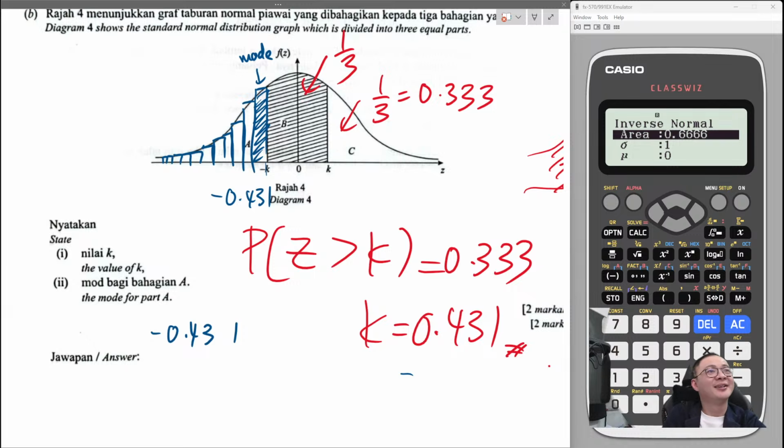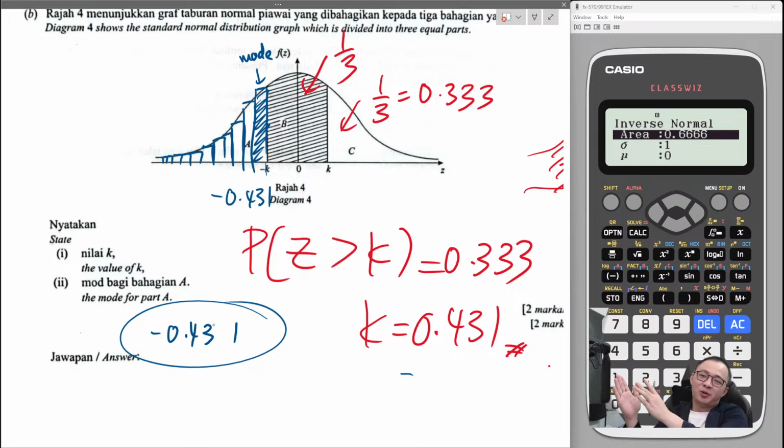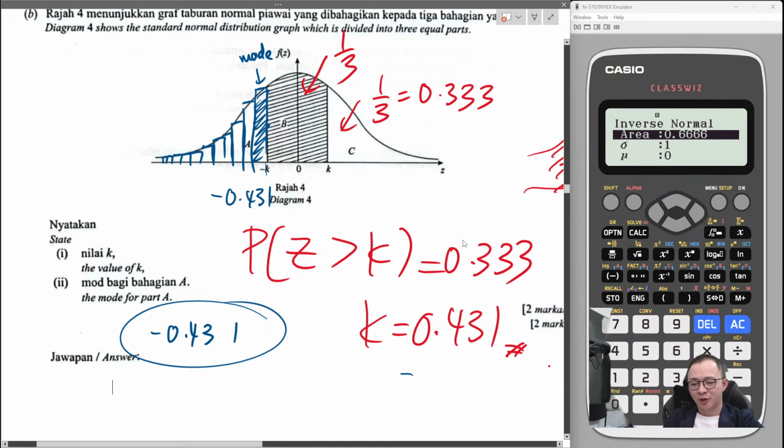Never mind, I can open it again. Yeah, it's negative 0.431, which is correct, because you move until the highest frequency you can get, which is negative 0.431. Cool?